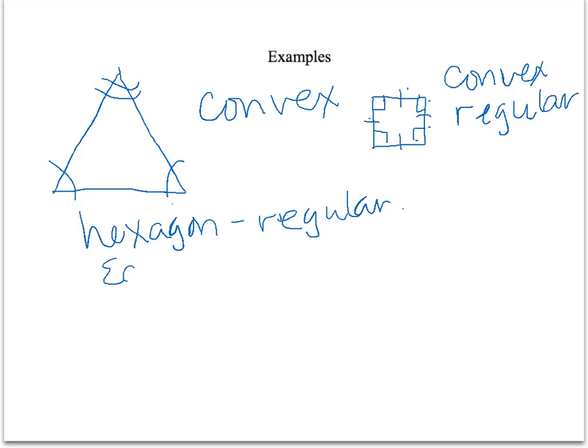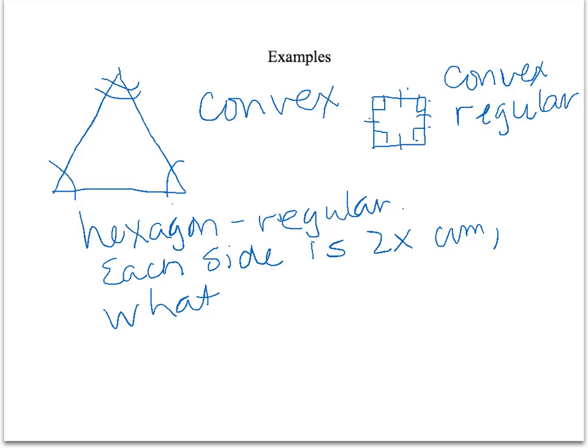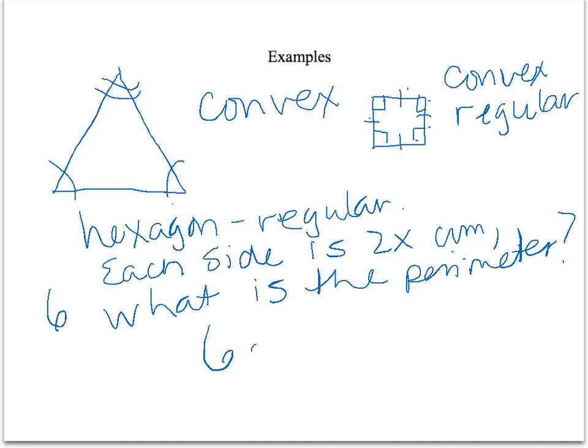Each side is 2x centimeters. The question is, what is the perimeter? Well, a hexagon has 6 sides, each side is 2x, so it would be 6 times 2x, or 12x. And so that's my expression, it's 12x.